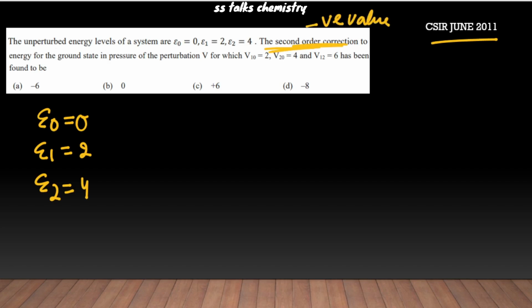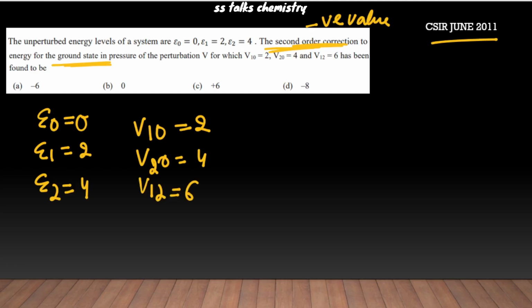We already know this, right? Second order correction to the energy for the ground state, in the presence of the perturbation applied, V10 is 2, V20 is 4 and V12 is given. This is not for the ground state, so its value is given just to confuse us.